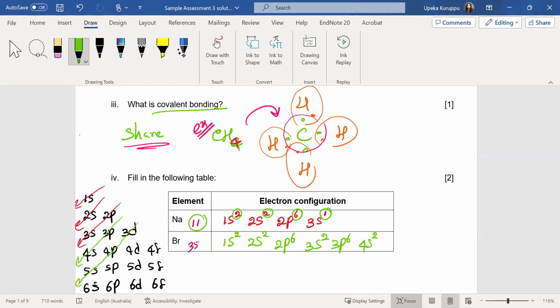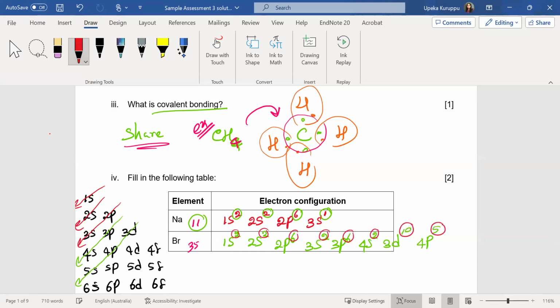And we have 3d10, now 30, isn't it? Then 4p5, is that right? When I count the number here, do we get 35? Yeah.